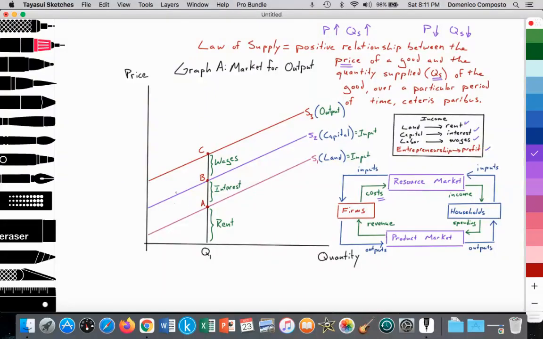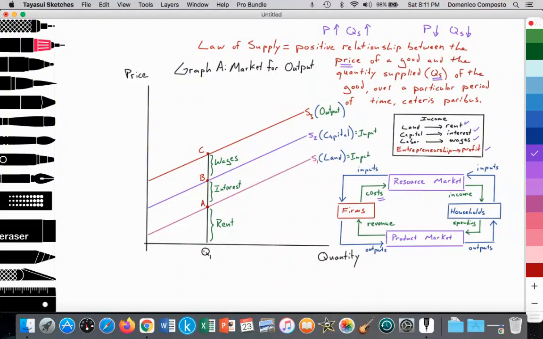And as a result, we can see the S2 curve is upward sloping as the household is motivated to offer an increase in the quantity supplied of their capital resources if the interest being offered is rising. That goes back to the household seeking to maximize its utility. In the resource market, they want to earn as much income as possible.